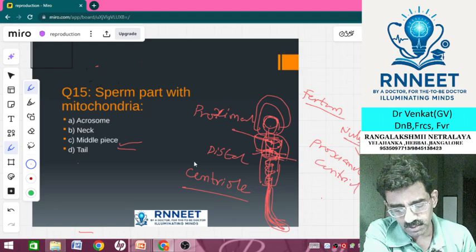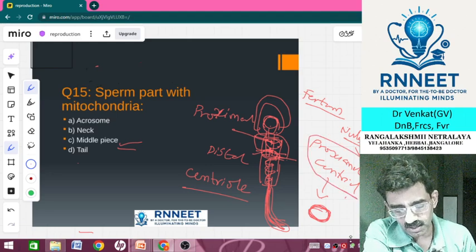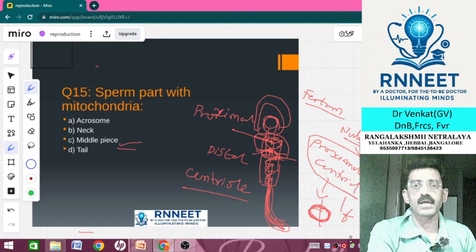When the proximal centriole also enters, it allows the formation of the zygote, and it is responsible for the first cleavage of the zygote. The zygote has to break into two cells.